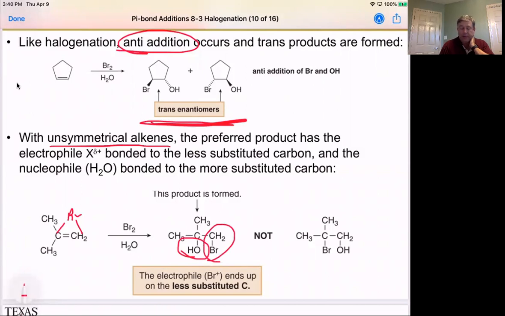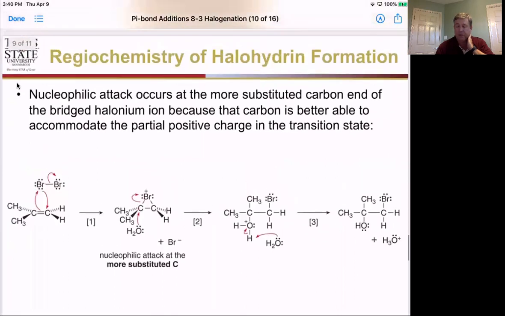That has to do with the electronics: the nucleophile comes in and attacks the more substituted carbon, kicking out the electrons onto the bromine to give us our product, the more substituted alcohol. Here's why we think that happens: once we form this intermediate, this side is slightly more positive because of the inductive effects, allowing the nucleophile to attack this section instead of the other section.